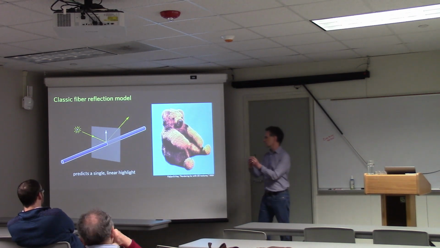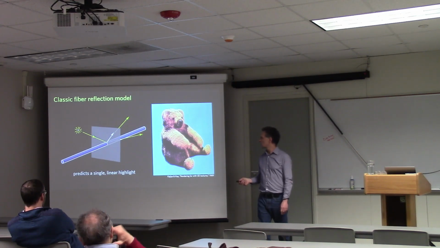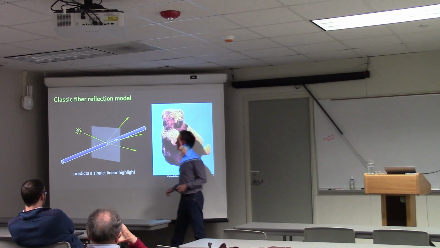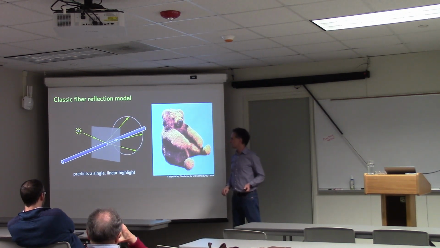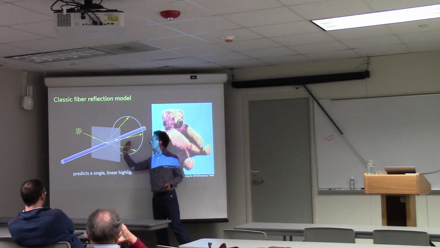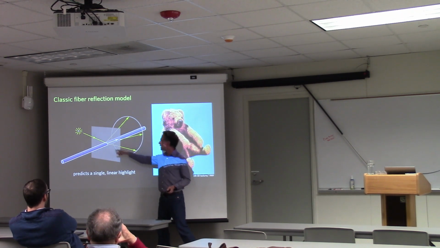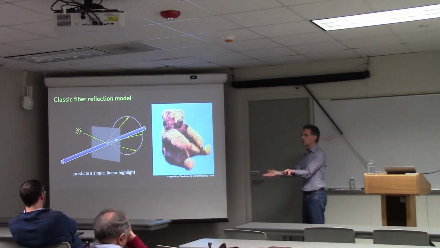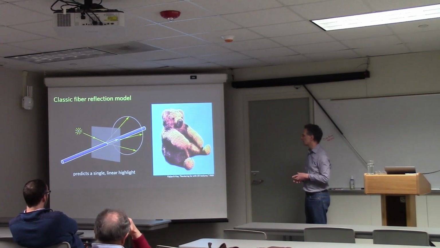It has surface and extrusion, so its surface normals are all perpendicular to a particular direction. When light comes in from some direction, it will reflect across that normal. And the geometry of the situation means that all of the reflected rays are going to have the same angle to the fiber as the incident ray. So you get light that comes in from one direction and goes out on a whole cone of directions, where the cone is centered on the fiber direction.